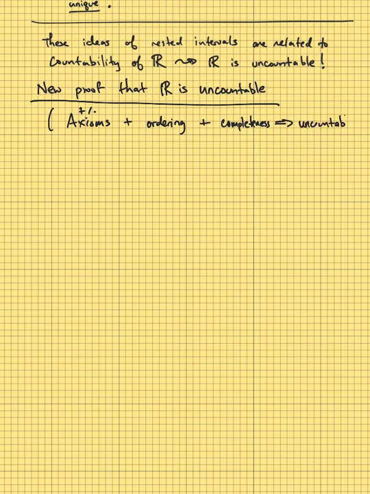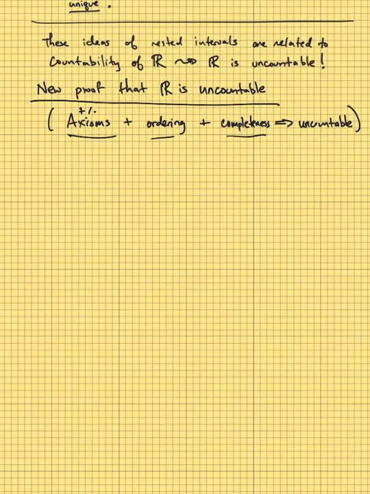Okay, so the book might say, well, every complete ordered field is uncountable. But I would just say, you need these three things, and you cannot have these three things on a countable set, which is kind of remarkable.